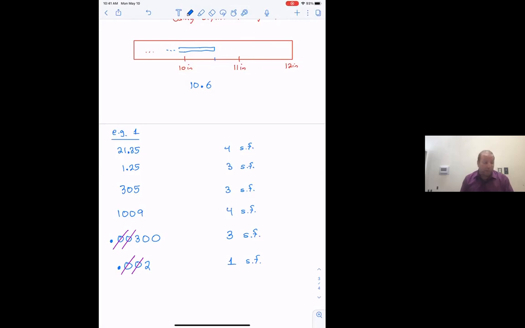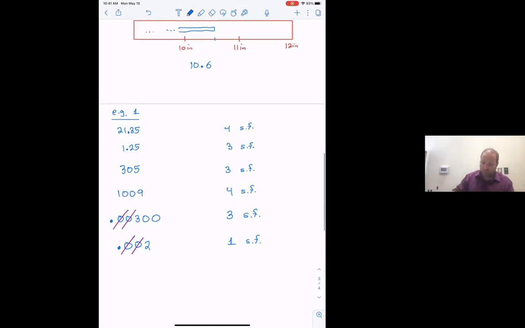Now, we will learn soon something called scientific notation, which is what we use to write numbers in a way that we have no ambiguity, and we don't have to ask, are those significant? Are those not significant? We have a very precise way of doing that, which we will get to, but we're not there yet. So right now we still have a little to learn.